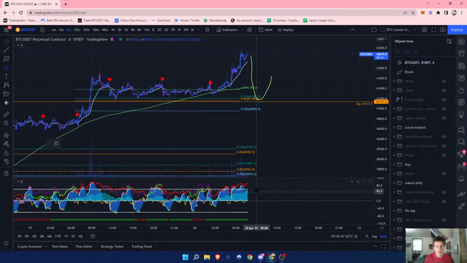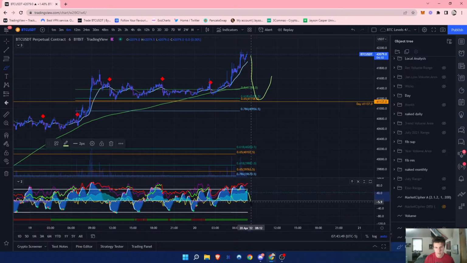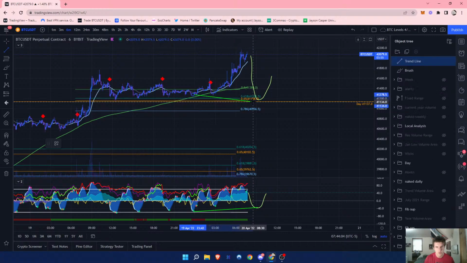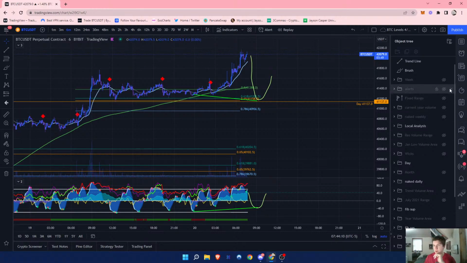What that will look like is that we'll get that momentum reset, come down, and it'll come back up. And then this will be the bullish div right here. Just lining it up with the price to this momentum wave, it'll look like that. So that is my first trade that I'm looking at.